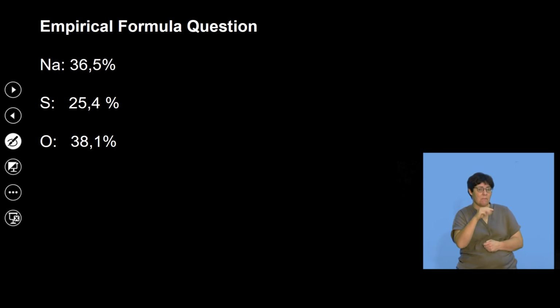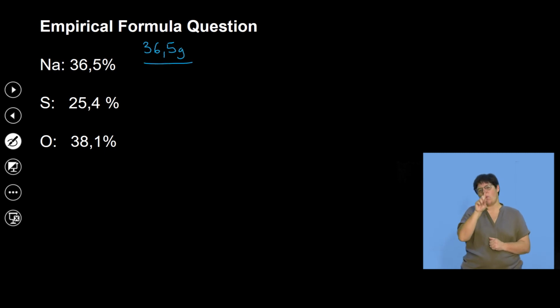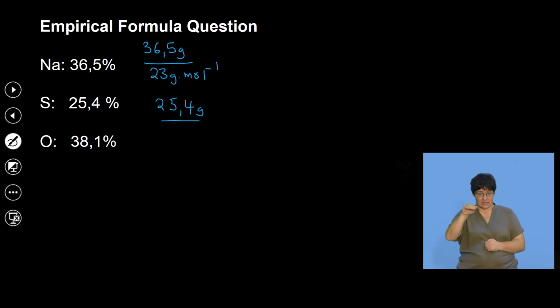actually sodium. So we are simply saying that 36.5 grams, which is for a 100 gram sample, divided by the molar mass of sodium, which is 23 grams per mole, okay? While for sulfur, it's going to be 25.4 grams per every 100 gram sample, divided by the mass of sulfur, which is 32 grams for every mole, right?